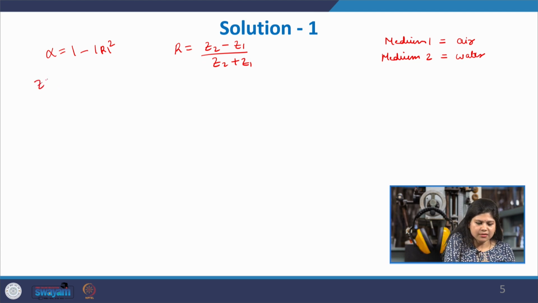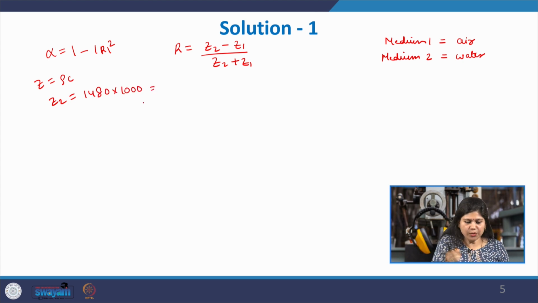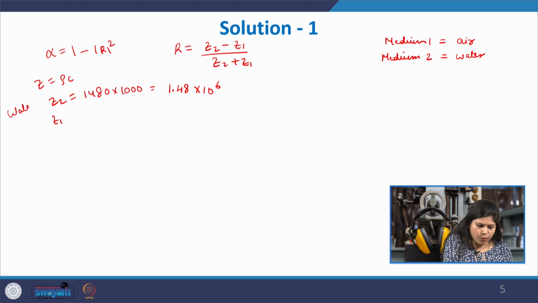Z is simply rho times c, which is the characteristic impedance. So, Z2 would be 1480 times 1000, all in SI units, so it is 1.48 times 10 to the power 6. This is for water, and this is for air.